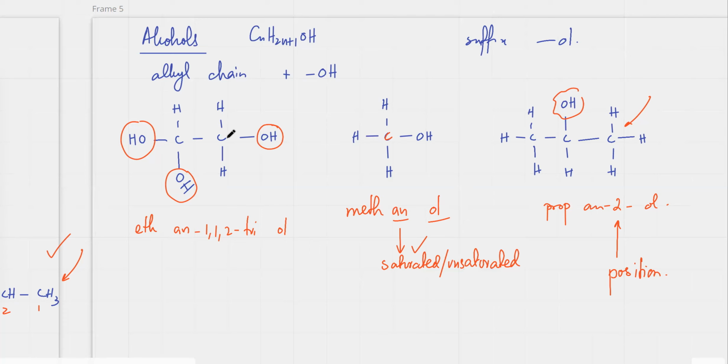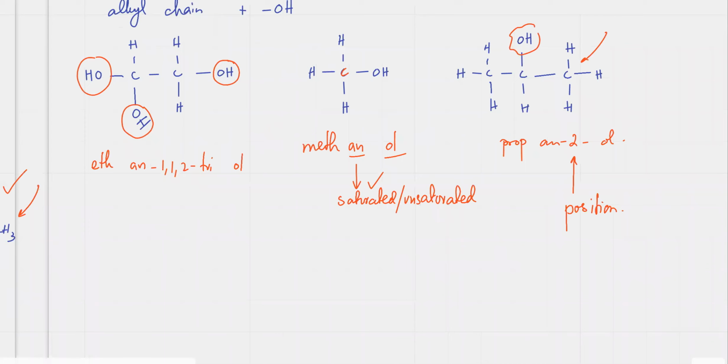Let's do another molecule similar to this one. Here's an OH, here's an OH. The rest is hydrogens: 2 hydrogens with this one, 2 hydrogens with this one, 1 H with this one, and 3 H's with this one. First thing, it's going to be called but- because it's got 4 carbon atoms, and it is saturated, so it would stay an.